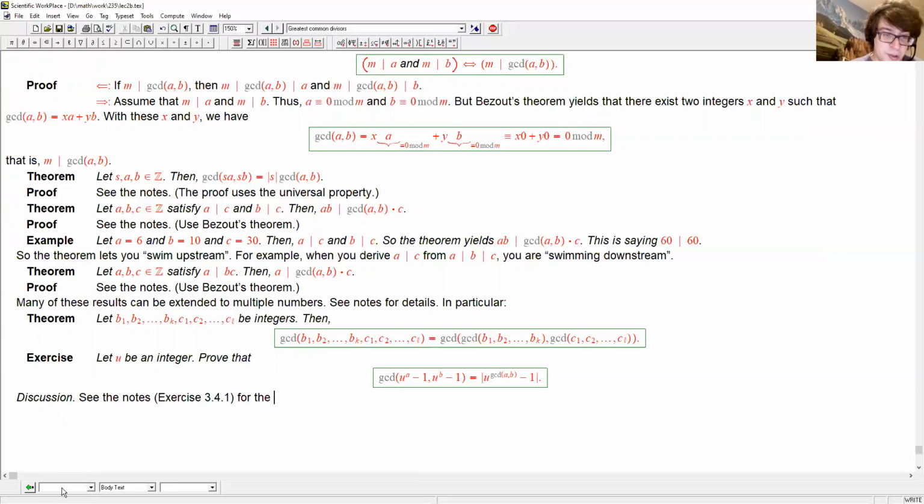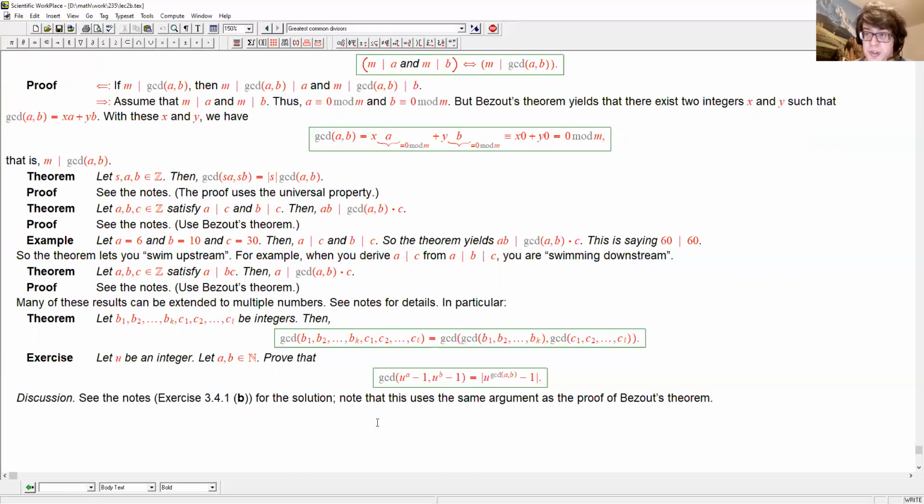For the solution, note that this uses the same argument as the proof of Bezout's theorem. So you have to replace (a, b) by (a, b minus a). So you do a strong induction. Oh, I should say that a and b are non-negative integers. This is exercise 341b.